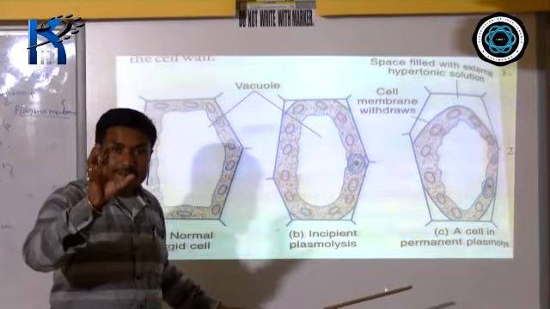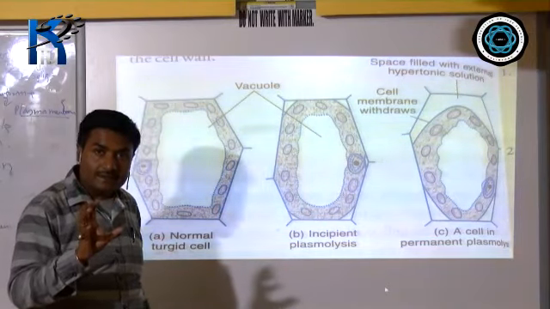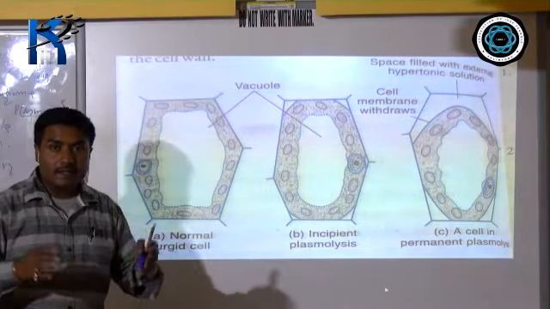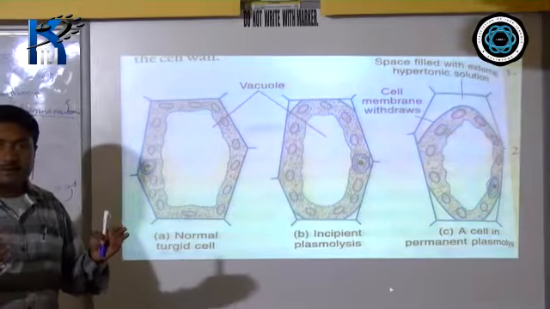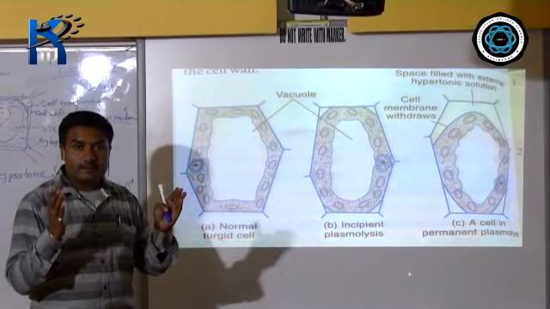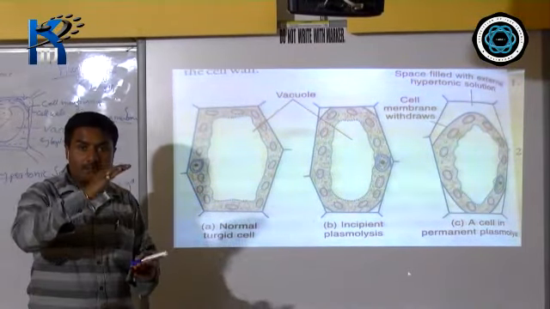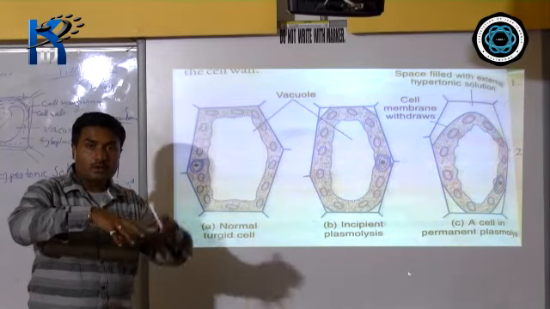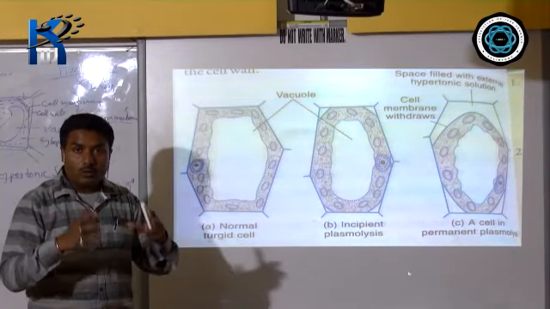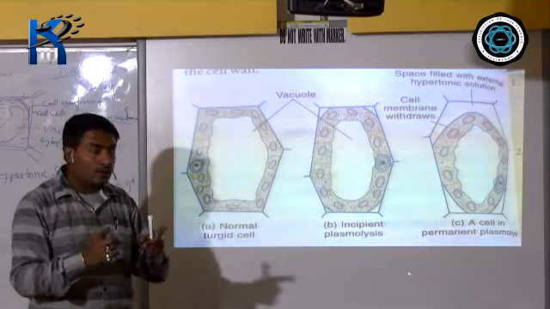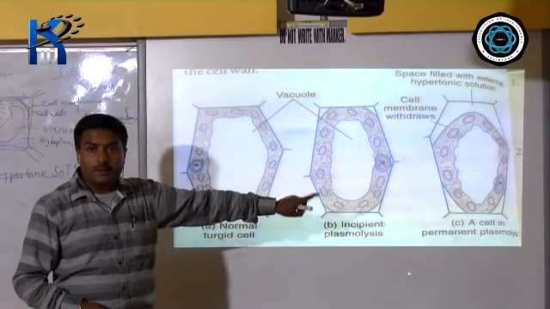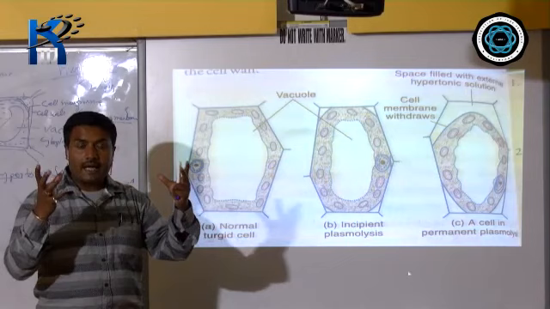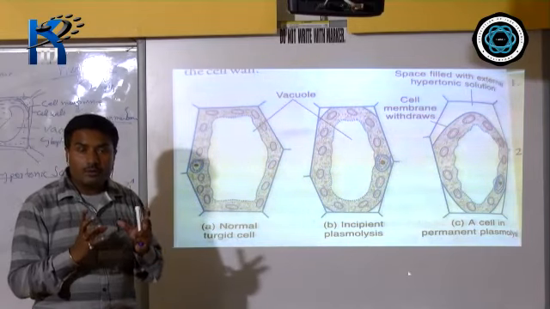Now when one cell totally, fully shrinks, just imagine that if it is a multicellular organism, if it is a plant, and if you put salt, the whole plant will wilt. The whole plant wilted because of permanent plasmolysis. Each of the cells has undergone permanent plasmolysis.